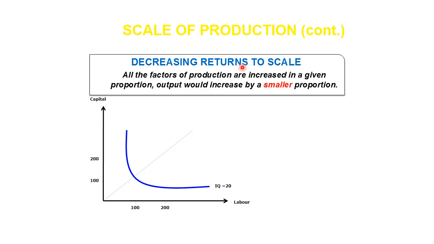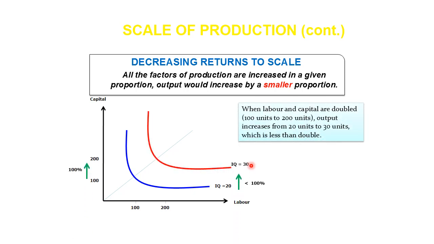And the last stage is the decreasing returns to scale. Here when we increase input by 100%, output does not increase by 100%. Over here IQ is 20, and then IQ is 30. So output is increasing only by 50%. So diseconomies outweigh the economies.